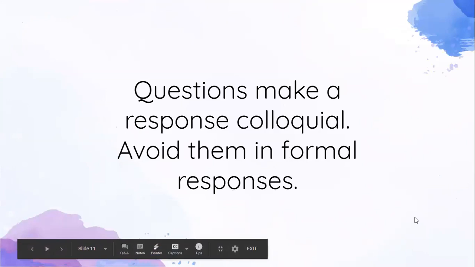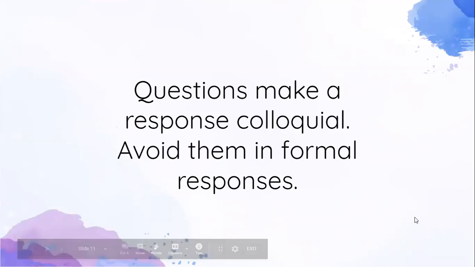So questions make a response colloquial, which, if you don't know, means not formal. Like the way you talk to your parents or your siblings or your friends, that's colloquial. The opposite of colloquial would be formal. So if you were talking to your boss, your teacher, principal, coach, someone in a higher position than you, then you would be much more formal to them.